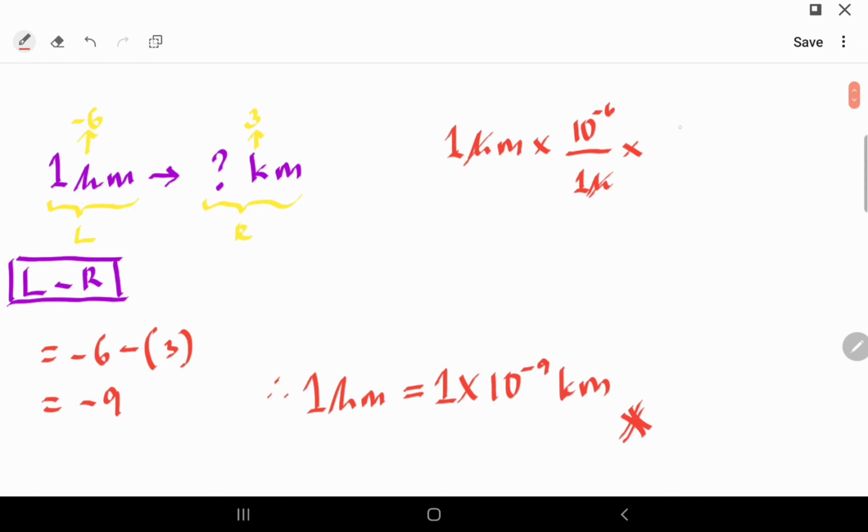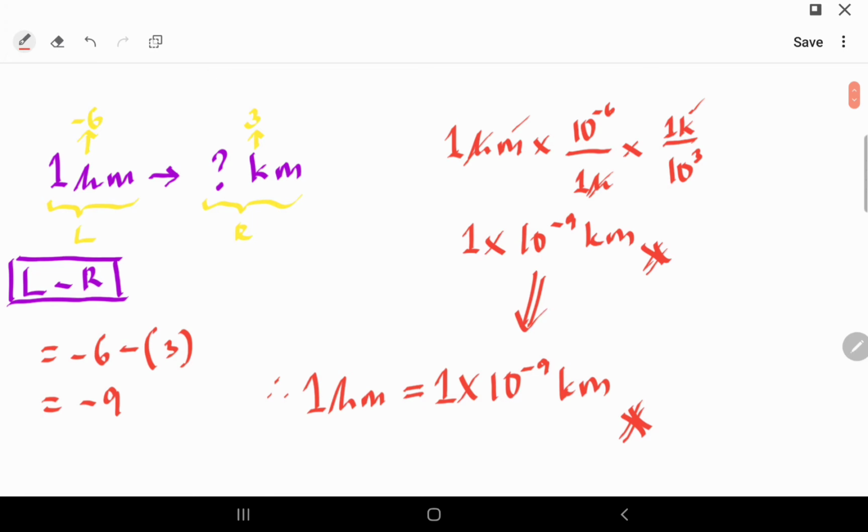We put kilo at the upper side: 1 kilo equals 10 to the power of 3. So 1 times 10 to the power of negative 6 divided by 10 to the power of 3 gives you 1 times 10 to the power of negative 9 kilometer. So this is the answer.